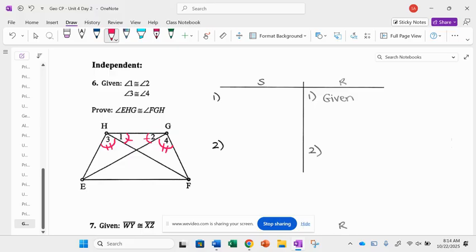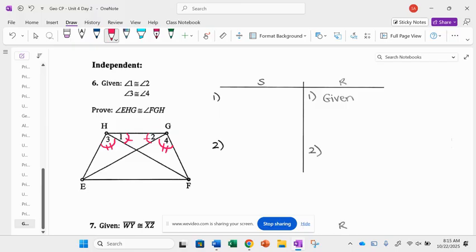Okay, that's fine. All right, so now what we want to prove is WX congruent to YZ. Let's highlight those. Highlight, just highlight what we want to prove now, the WX and YZ.